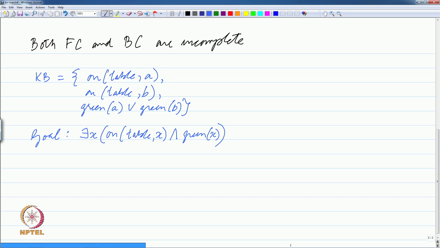So, first of all, let us call this formula alpha. We want to show that alpha is true. Alpha is a statement that says there exists an x such that on table x is true and green x is true essentially. So, let us ask this question, is this the case? Is this statement entailed by the knowledge base?